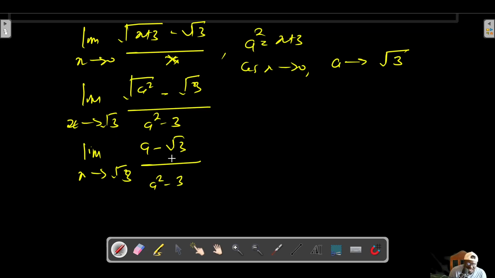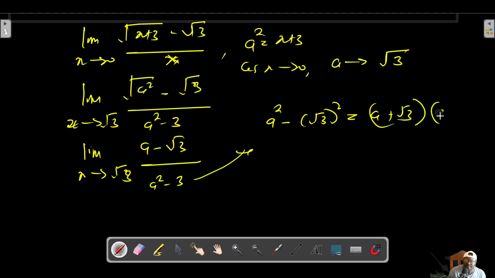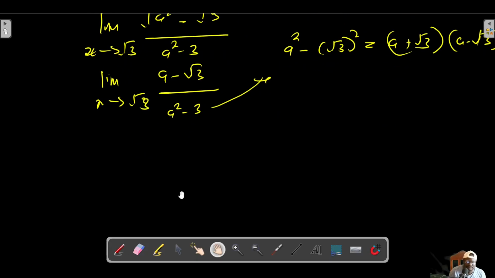So here we can do our factorization. The a squared minus 3 can be written as a difference of two squares, that is a squared minus root 3 all squared, and we end up with a plus root 3 times a minus root 3. So what do we get to end up with?